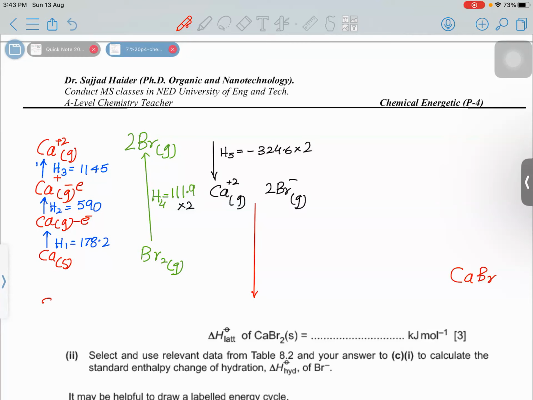But here you have CaBr2. Are you getting my point? But sir, isn't the charge for bromine fixed? No. You know that only fluorine is always negative 1, while others have variable valencies. Only fluorine is always minus 1. Okay, sir.